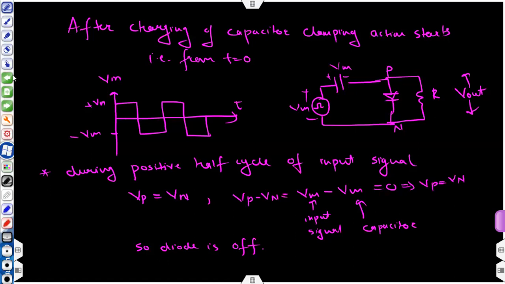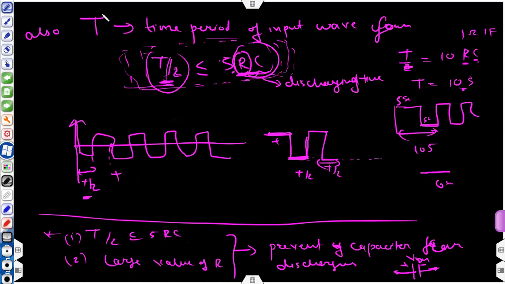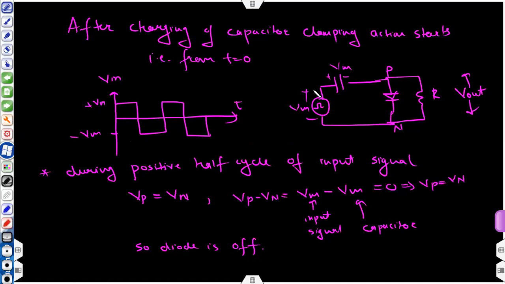So we have calculated almost 90% of this negative clamper. The main aim was to calculate the voltage on this capacitor and the polarity of the voltage, which we have already done.